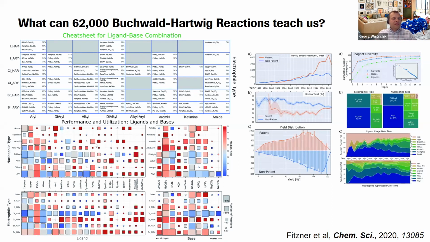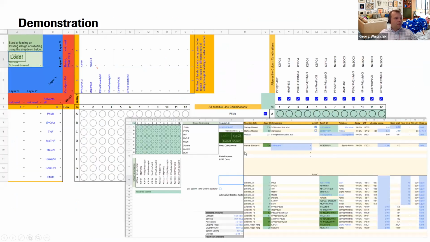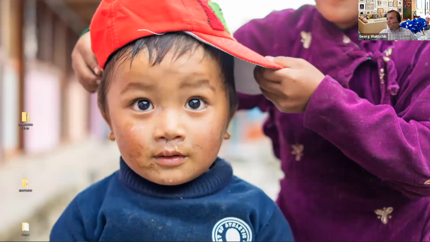And this is something that we are using now on a day-to-day basis whenever we have a Buchwald-Hartwig reaction, because there's so much you can learn from that stuff, or at least we think we can learn, that is not found in review articles or in databases, that we find super useful, and maybe you want to have a look at it. And with that, I will skip over to the demonstration, in which I'll share my screen.